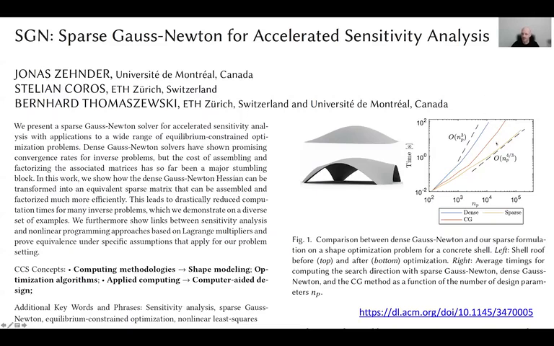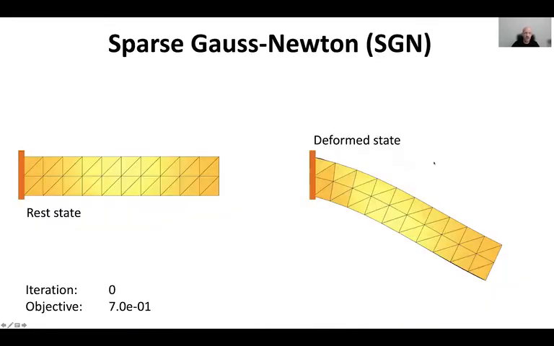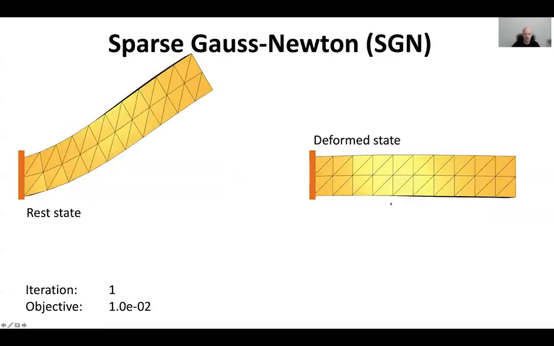Now, using this method, which we like to call sparse Gauss-Newton, we can apply this to our toy problem from before. And what we see is that even after one iteration, we're already very close to the optimum state, actually closer than LBFGS after more than 100 iterations.